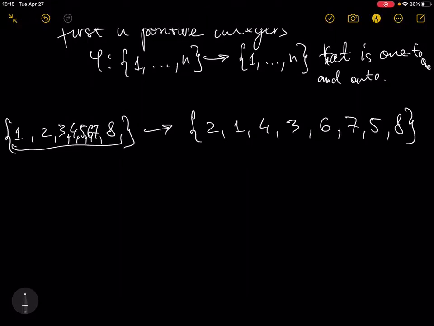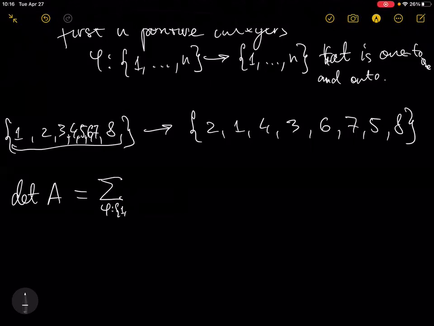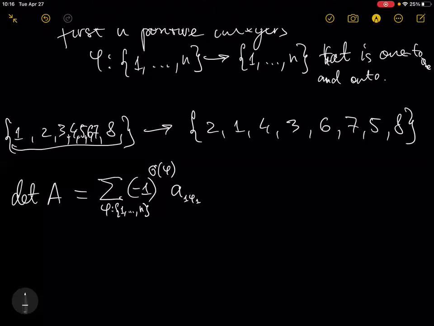And then essentially the idea is that the determinant of a matrix A can be represented as a sum over all possible permutations phi of 1 to n, of negative 1 to the power sigma of phi, times A_{1,phi(1)}, A_{2,phi(2)}, A_{3,phi(3)}, and so on, multiplied by A_{n,phi(n)}. I will explain what sigma of phi is.